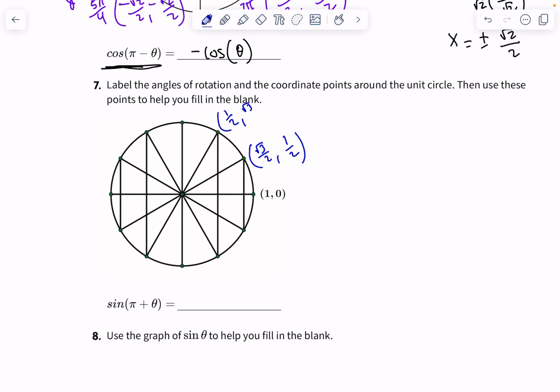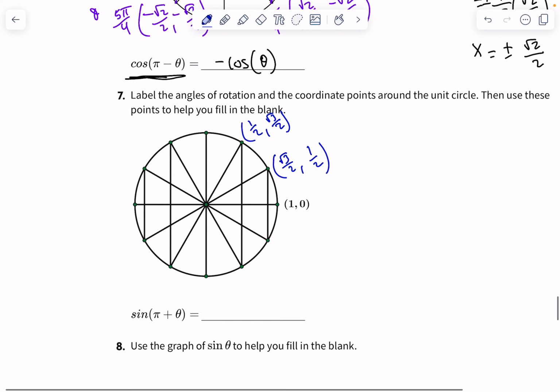Negative 1/2, square root 3 over 2, okay? This right here is 0, comma 1. Now, what about right here? What's happening there? My x-coordinate becomes what? Just negative 1/2. What about my y-coordinate? It stays the exact same, okay?